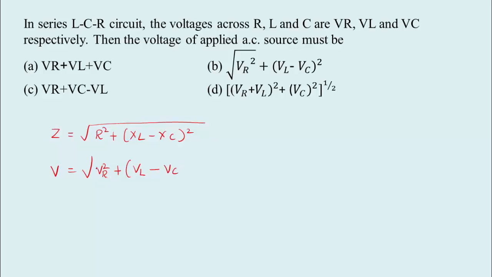VL, VR, VC are the voltages across the LCR circuit. So voltage across this series LCR circuit is given by root of VR square plus VL minus VC whole square. So the suitable equation is option B, that is root of VR square plus VL minus VC whole square.